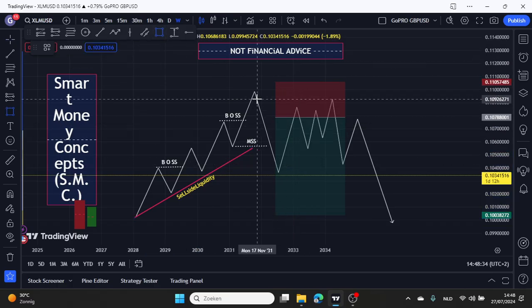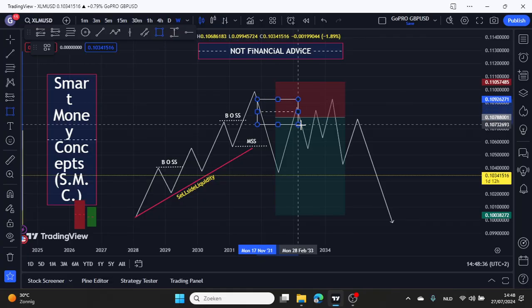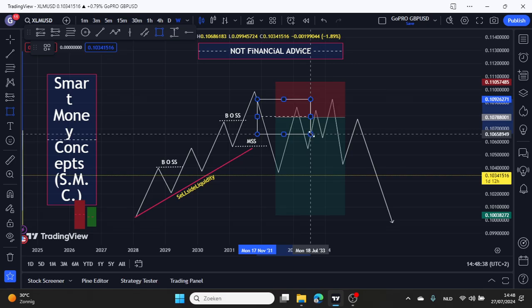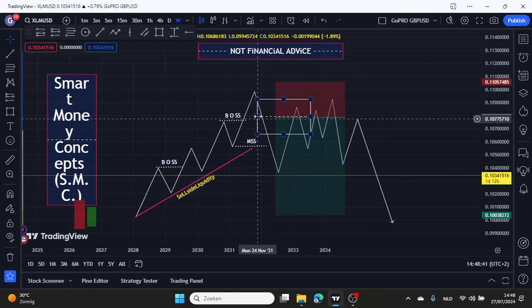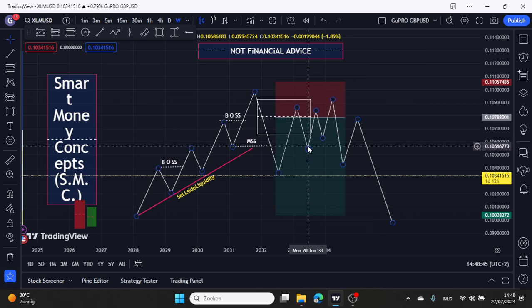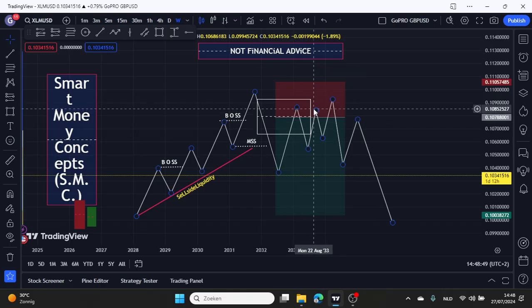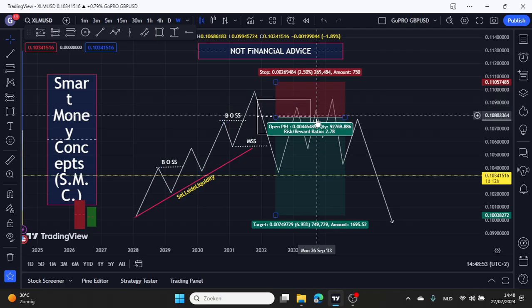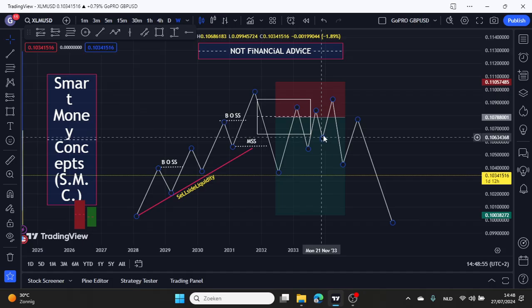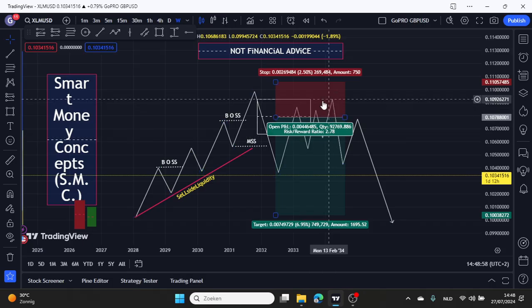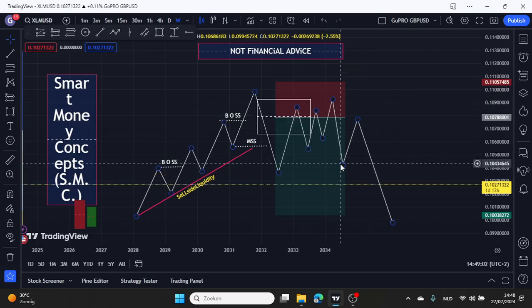Now, in this case, we would have an imbalance here. And if we got in on the first leg, once we see the market structure shift, sometimes price comes down, goes back to your break-even point or into drawdown, goes back into profit, back into drawdown, mitigates the whole fair value gap, and comes down.